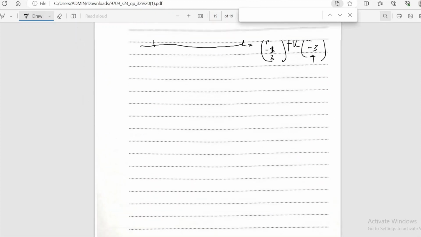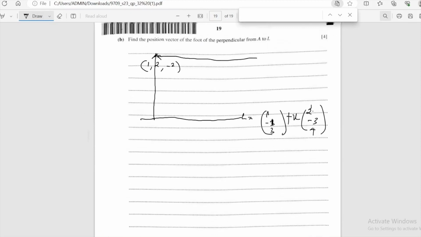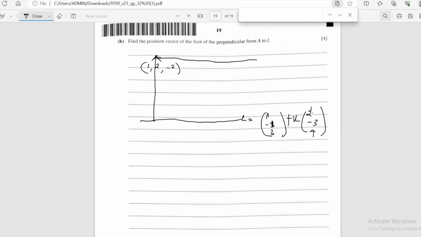So what we have to do is to find the position vector of the foot of the perpendicular. When you check the diagram, this line from A to L is perpendicular. The foot of the perpendicular from A, let's call this place N.